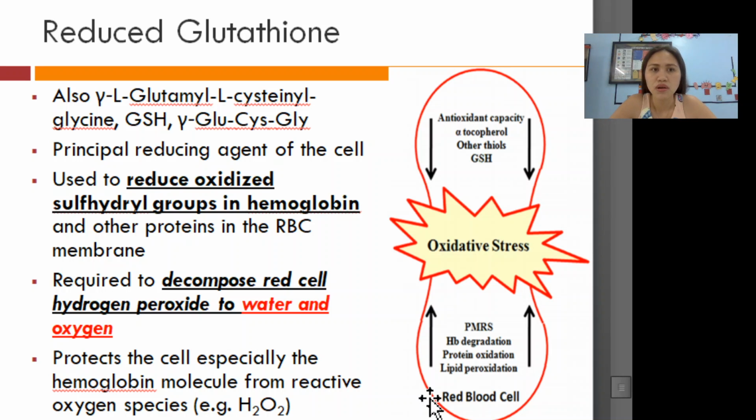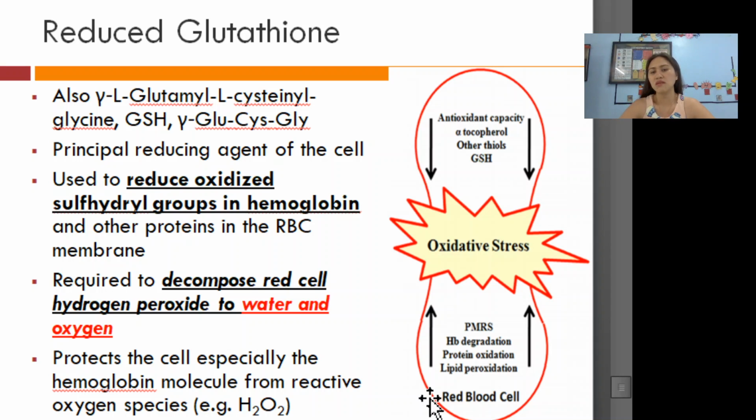Reduced glutathione is also known as gamma-L-glutamyl-L-cysteinyl-glycine, or GSH. It is the principal reducing agent of our cell, and it is used to reduce oxidized sulfhydryl groups in hemoglobin and other proteins in the RBC membrane.